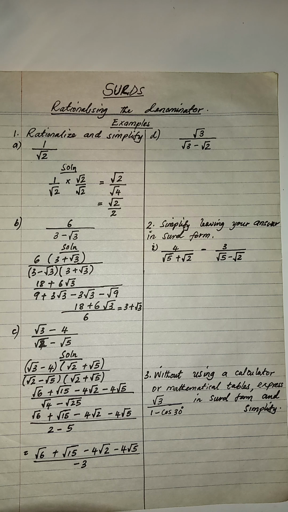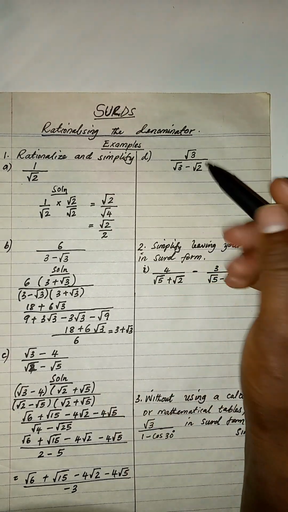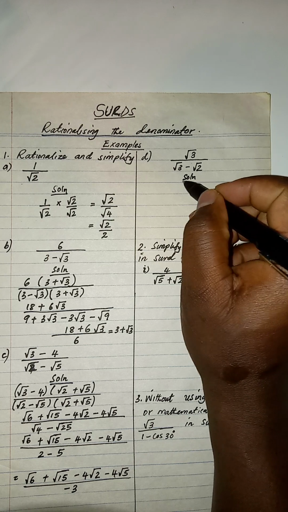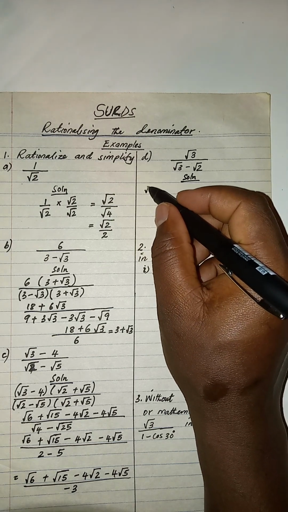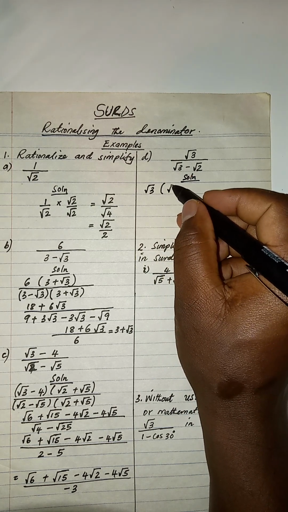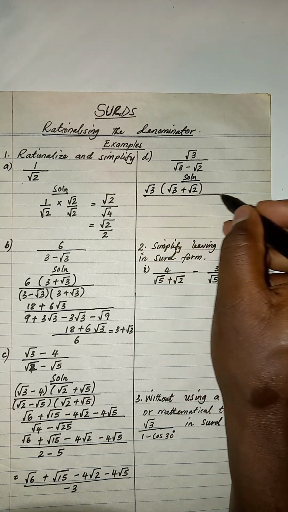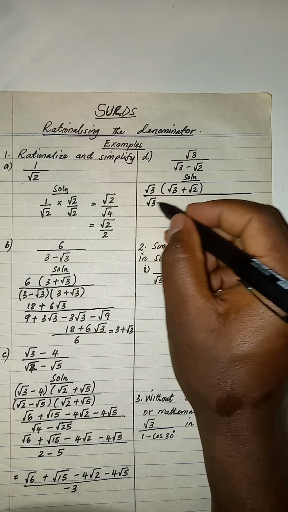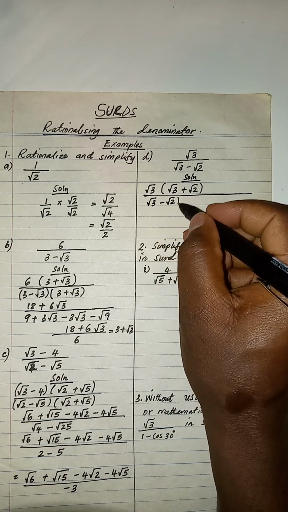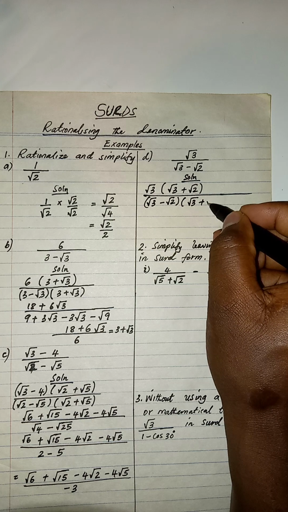Part D, we have root 3 all over root 3 minus root 2. So this gives us root 3 multiplied by the conjugate of the denominator, that is root 3 plus root 2, all over root 3 minus root 2, close the brackets, root 3 plus root 2.